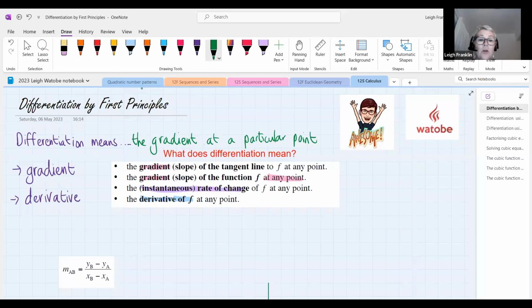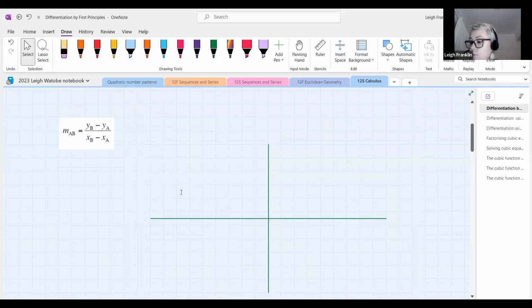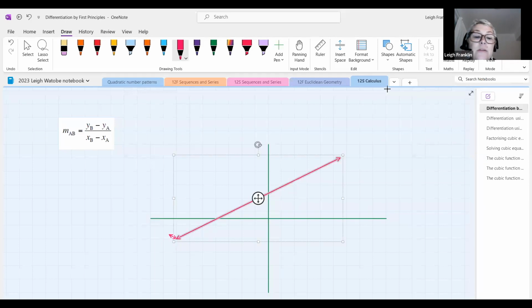Okay, so let's start off and talk about the gradient of a straight line. If I come along now and draw a straight line like that, there is a straight line.